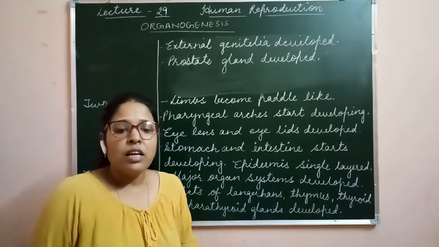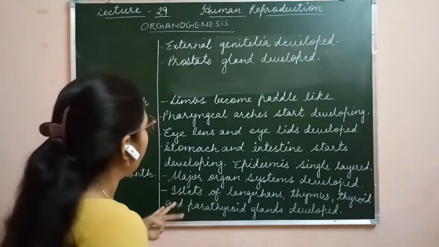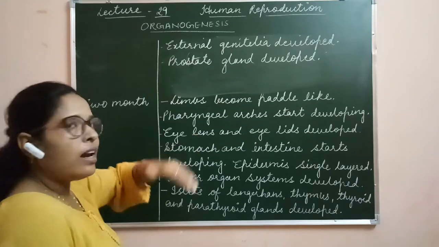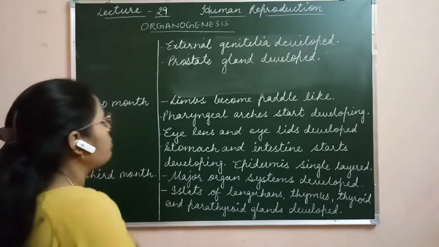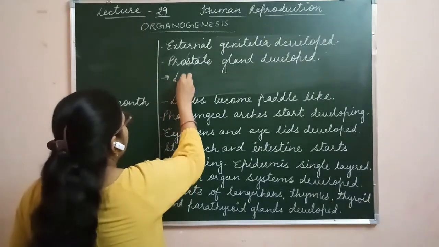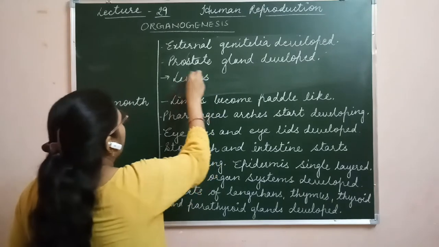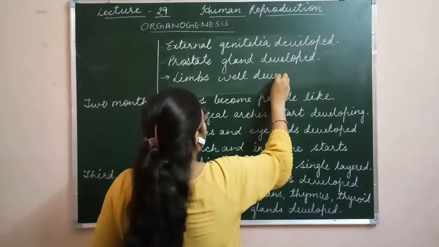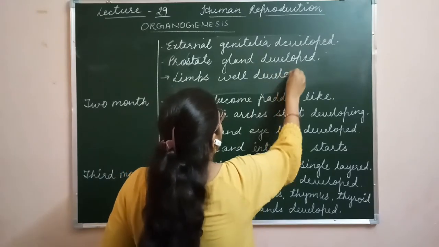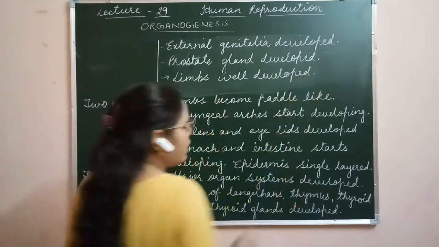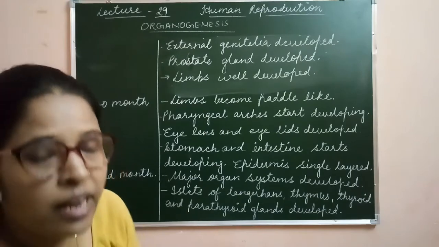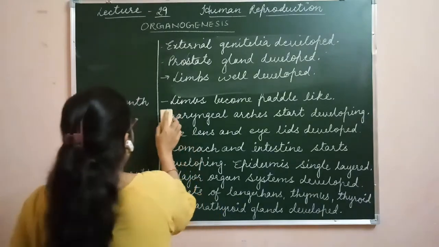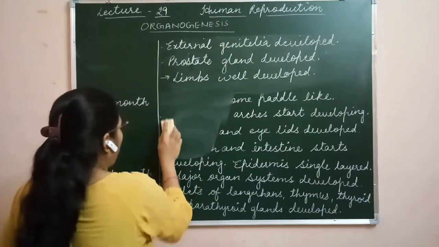Out of that, the limbs get well developed. The limbs which became paddle like at the completion of the second month are now well developed. Next, the cerebellum and corpus callosum of the brain.